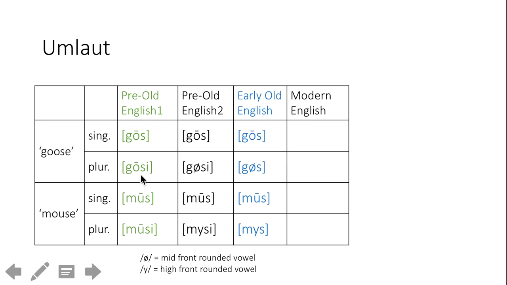So you had gosi, but this o fronted because of the i. Here you had musi, but the u fronted because of the i. So you end up with these forms gösi and müsi. And then the suffix dropped off, and so you just ended with gös and müs. It's pretty interesting because you have this sound change that was triggered by this vowel, but the source of the sound change is now invisible.